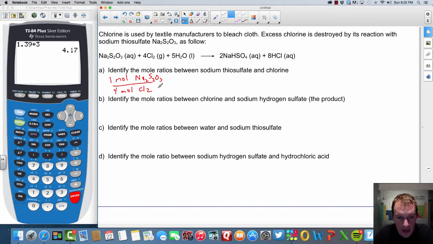But that's not the only ratio, because the other ratio is to say, well, for every 4 moles of Cl2, we're going to have 1 mole of Na2S2O3, sodium thiosulfate. And we can get this information by just merely looking at the reaction. Okay, you can see you got your 1 mole of sodium thiosulfate there and your 4 moles of Cl2 there.